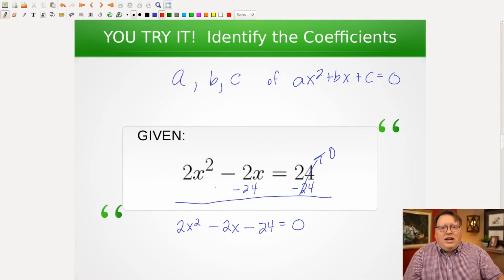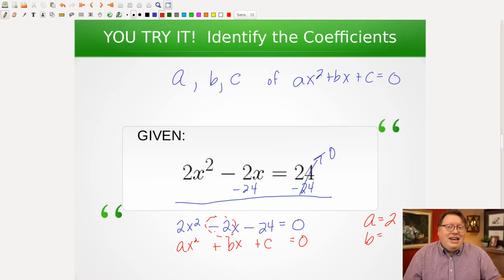Again, I can write my ax squared plus bx plus c equal to 0. And now my coefficients are easily identified. I have a is equal to 2. I'm going to come over to the side here and write that out. My b, again, we want the sign with it. So that would be a b value of negative 2.